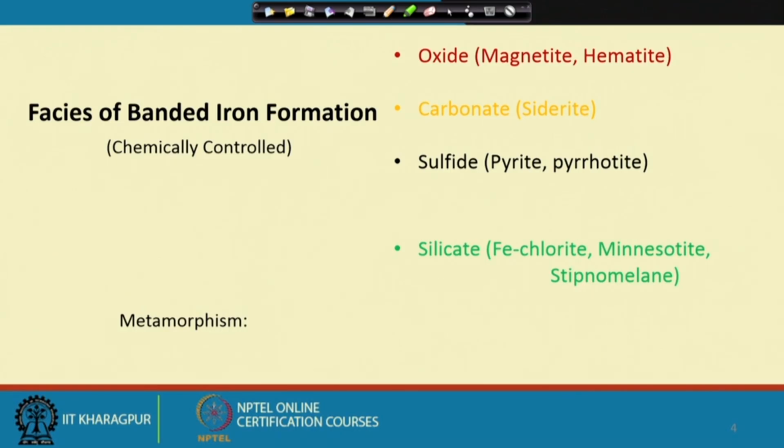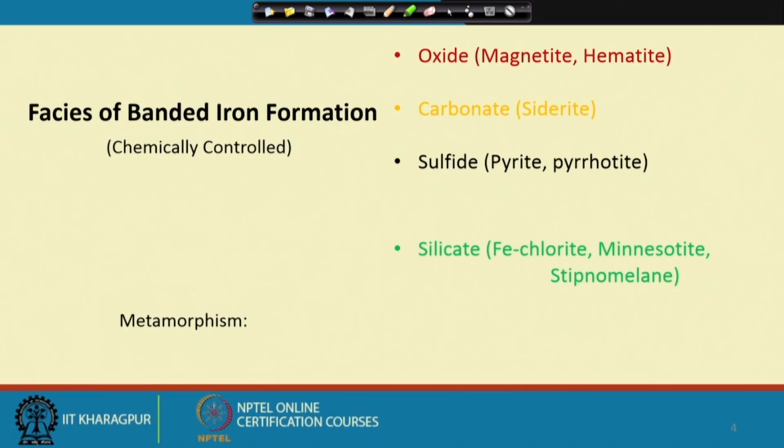Interesting thing is that these deposits, which are older deposits, Precambrian deposits, the age ranges as we have stated, these deposits are definitely subjected to metamorphism, and at different places the metamorphism grade could be variable.